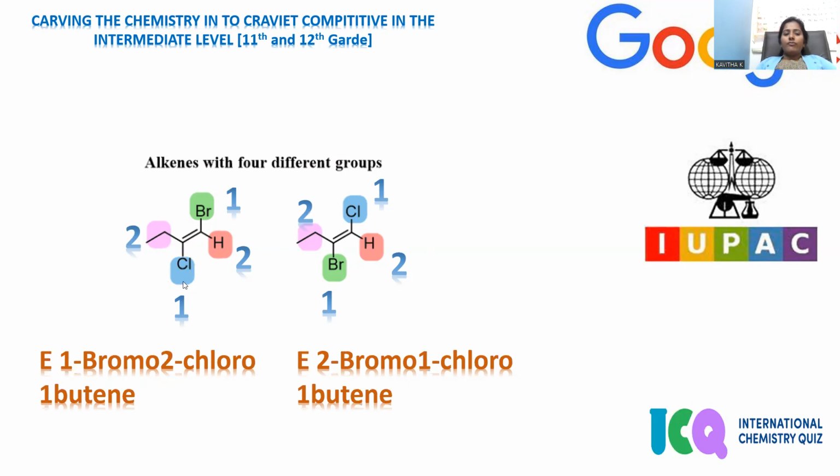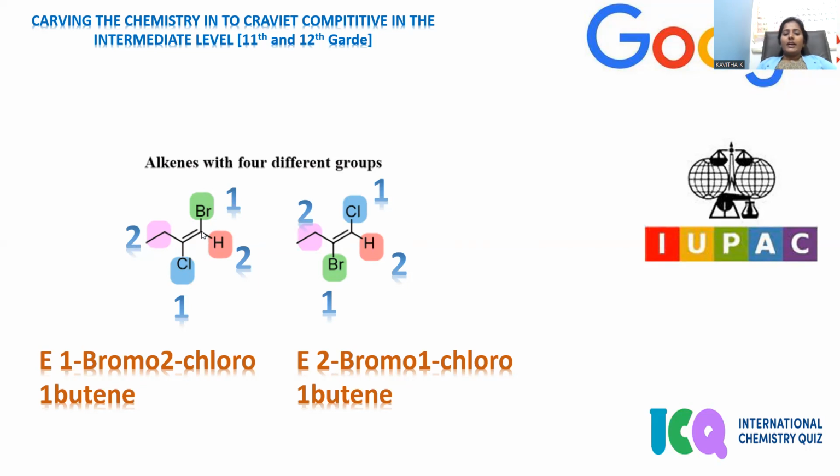Around the double bond, if you observe, higher atomic number will get higher priority in accordance with the Cahn-Ingold-Prelog rules. So if you observe here, carbon directly linked with chloro, carbon directly linked with carbon. So obviously the higher atomic number chlorine will get first priority and this ethyl will get second priority.